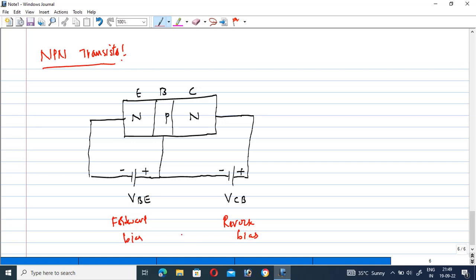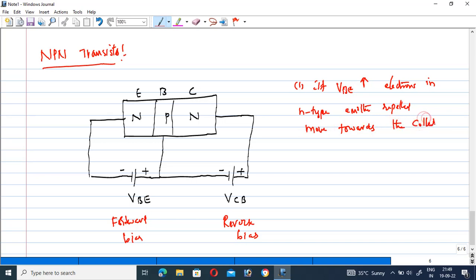Okay, the operation is quite simple. Let us see here. If you analyze this, when the VBE voltage increases, just a very quick review: electrons in the N-type emitter repel and move towards the collector, right?